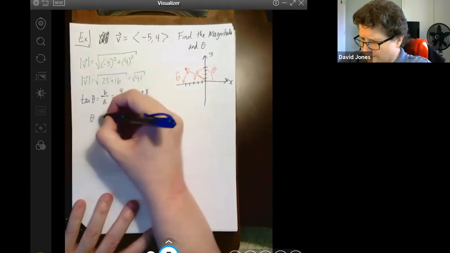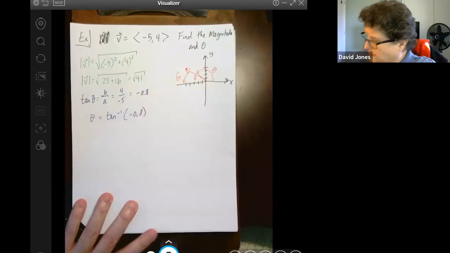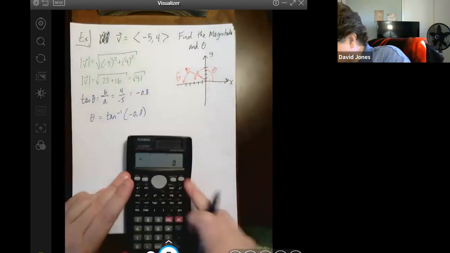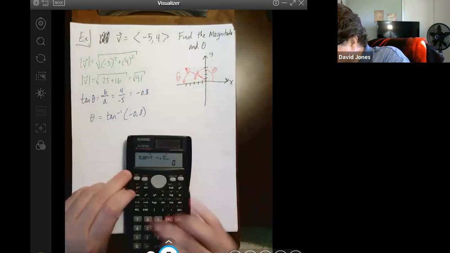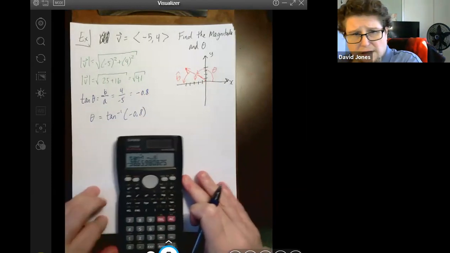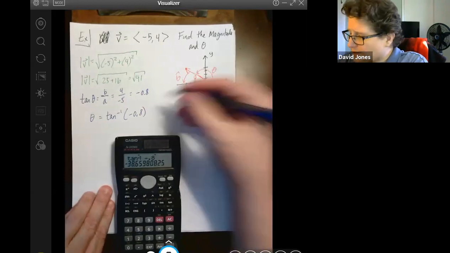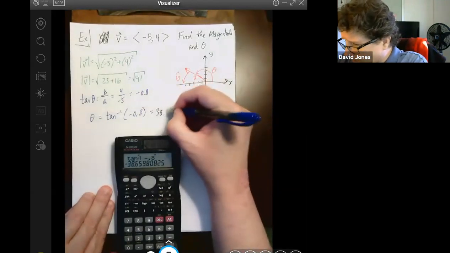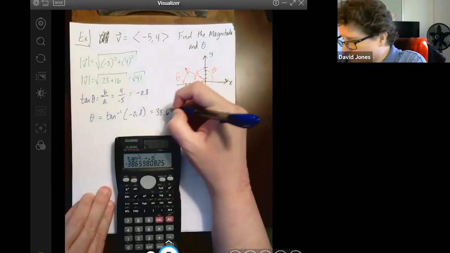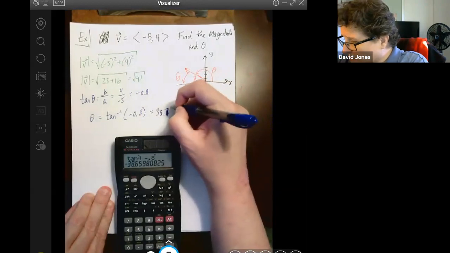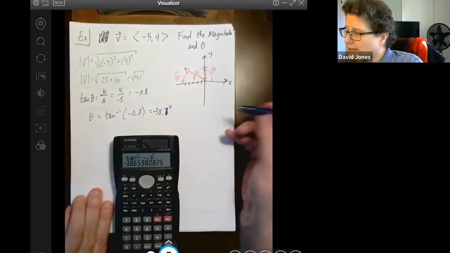So what does that give us for theta? 38.659 degrees, 38.7 degrees. And that's really negative, and that's saying how much is going back.